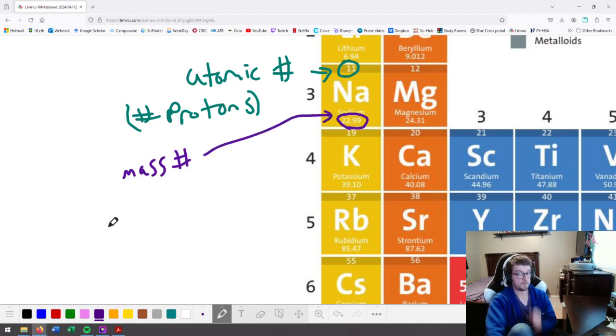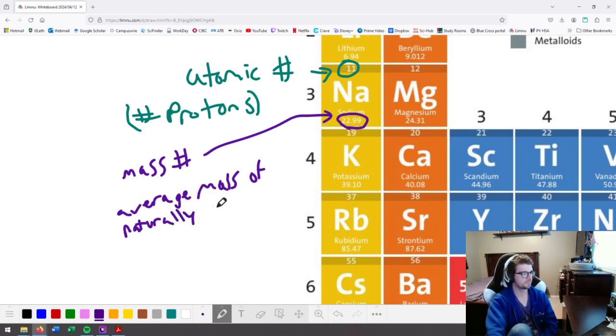And so that is the weighted average of. So the mass number here is the average mass of naturally occurring isotopes. That is a lot of text to spell out. Please bear with me.